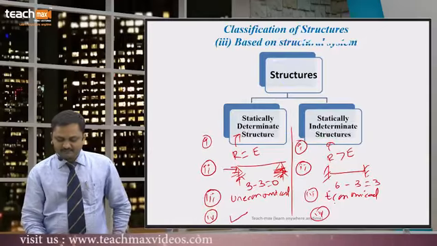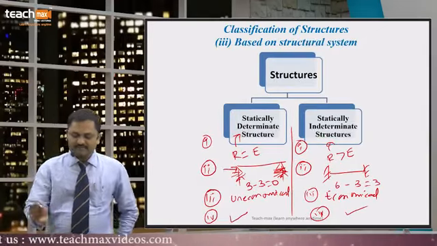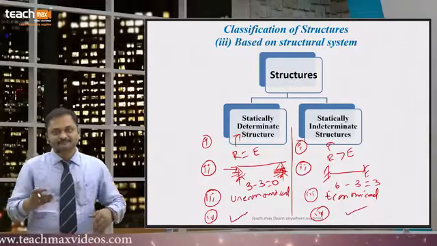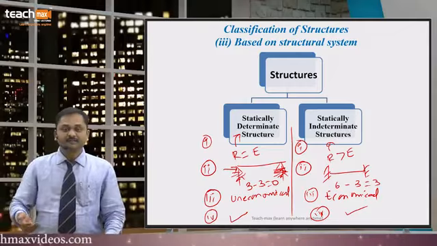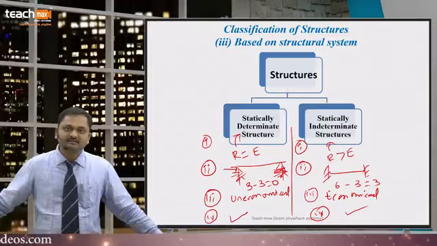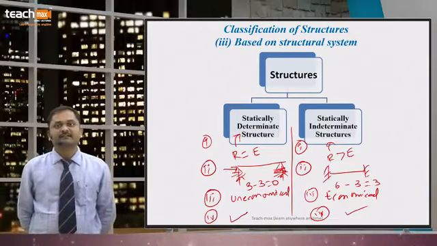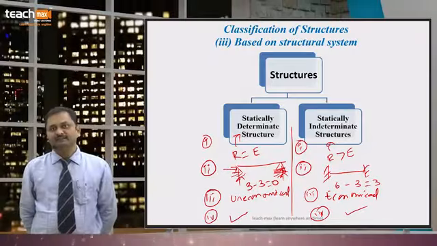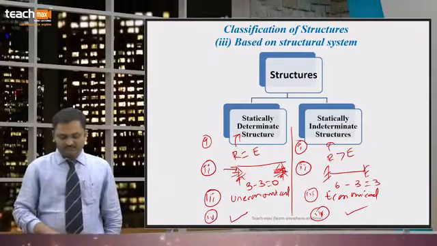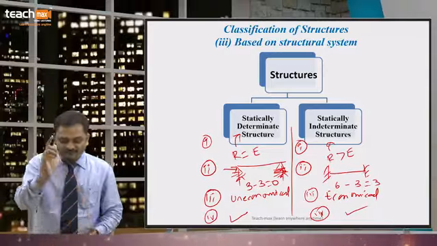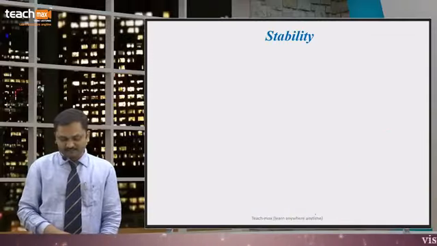Indeterminate analysis takes time. That is why we analyze indeterminate structures, because practically all structures are indeterminate, each having some degree of indeterminacy. So this is the classification of structures based on structural system that we understand.